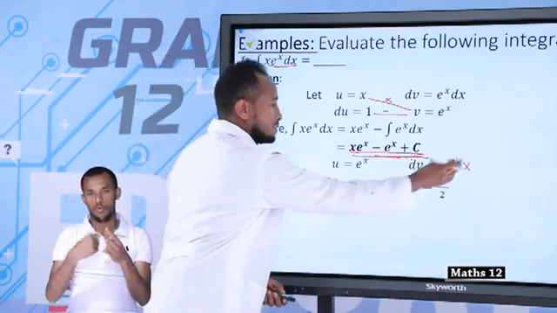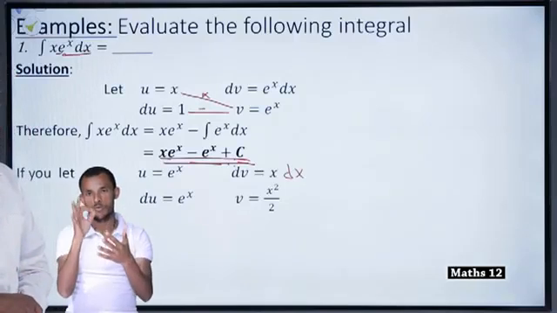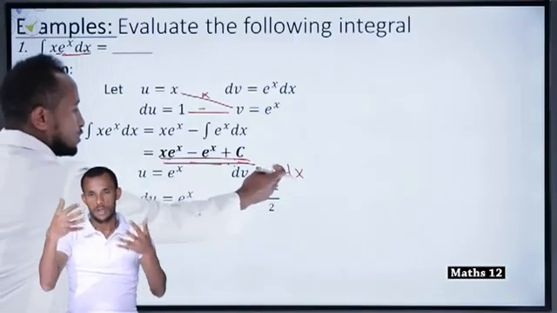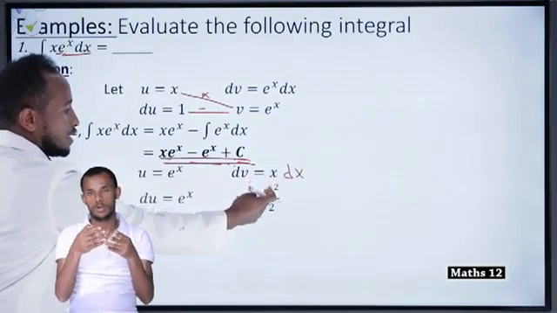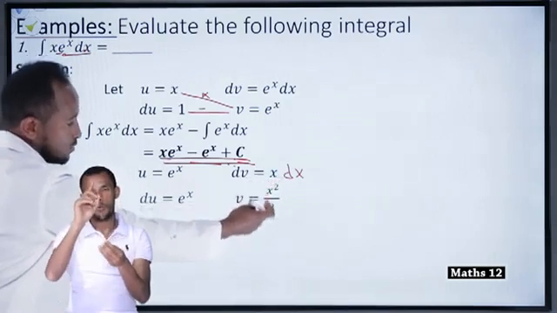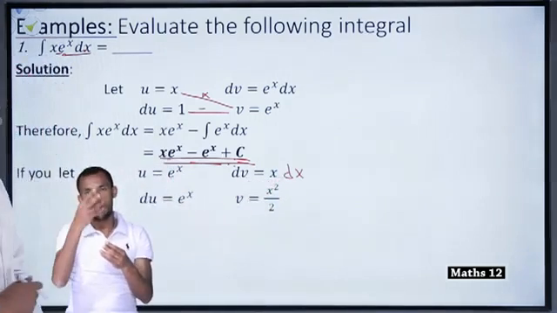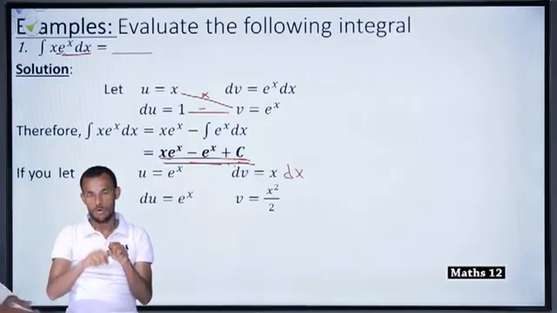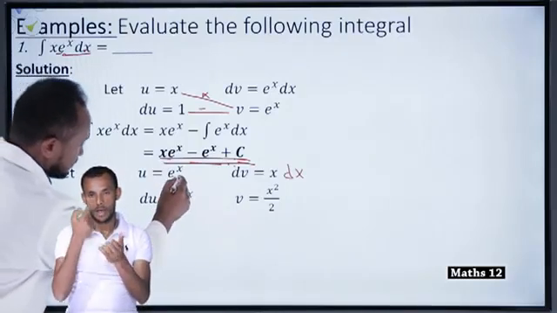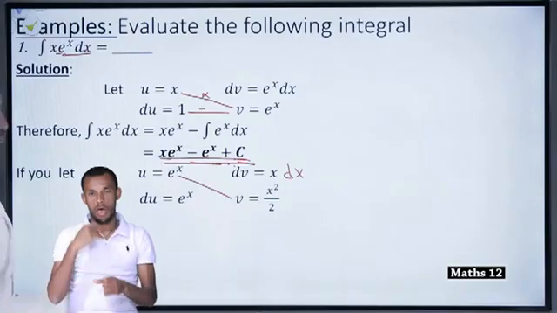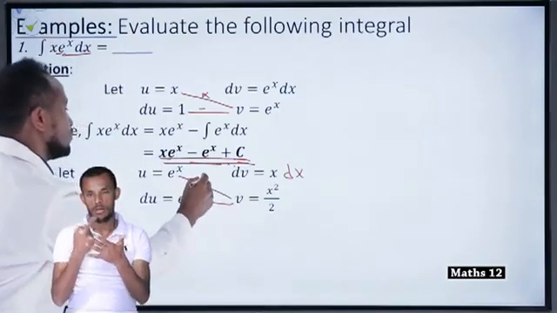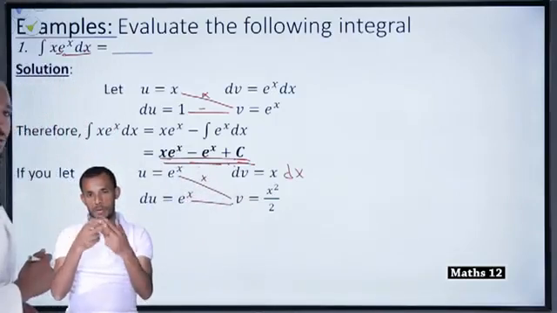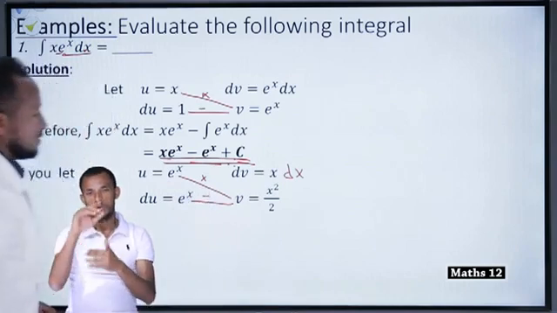So to find v, this is the integral of the expression. The integral of the expression, it's a power function. Simply you add 1 on its power, it's x squared over 2. This is it. So applying the formula, you multiply these two, and then you subtract this one.